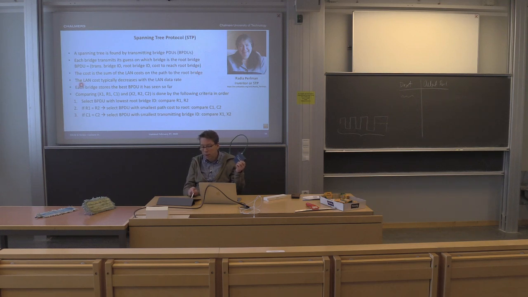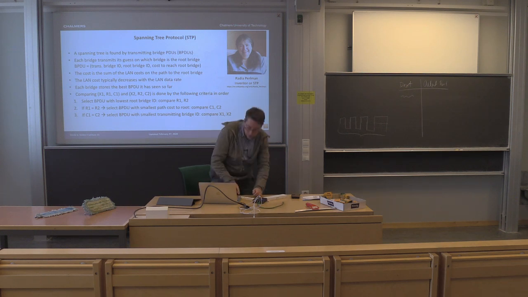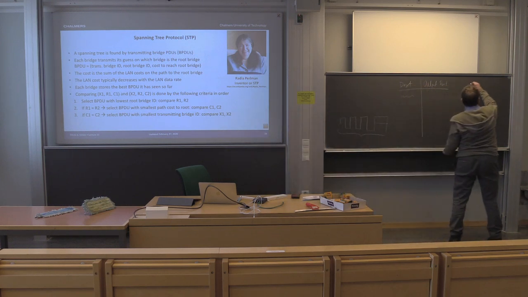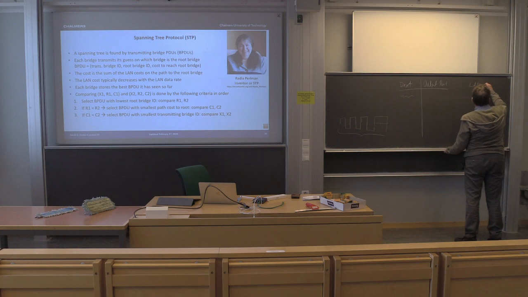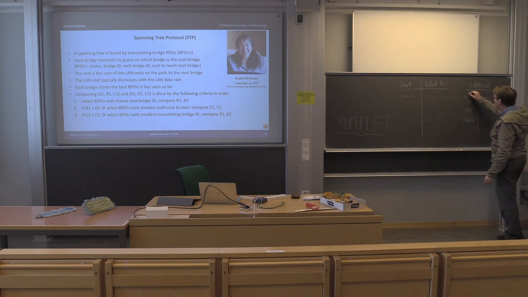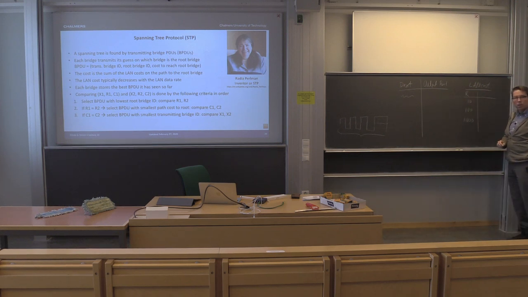Okay, and the LAN cost typically decreases with the LAN data rate. So suppose we have a 10 megabit, 100 megabit, and a 1000 megabit. So this is the data rate over the LAN. Then it's more costly to transmit over a low capacity LAN than over a high capacity LAN.